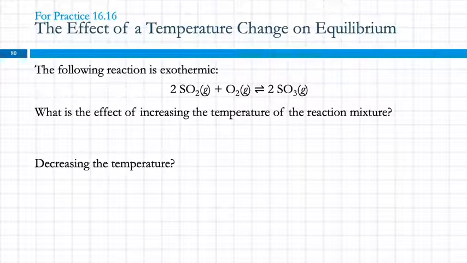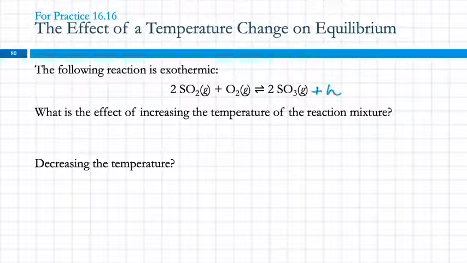The following reaction is exothermic. What's the effect of increasing the temperature of the reaction? Well, the first thing I would do when given a problem like this is put heat into the equation. So exothermic, should I put heat as a reactant or a product? A product.